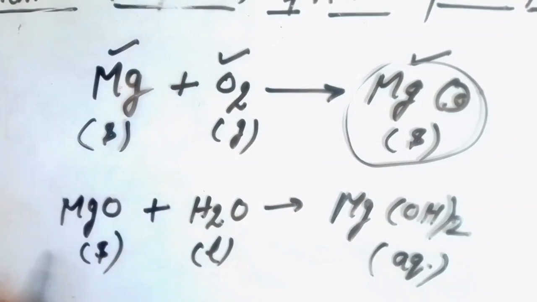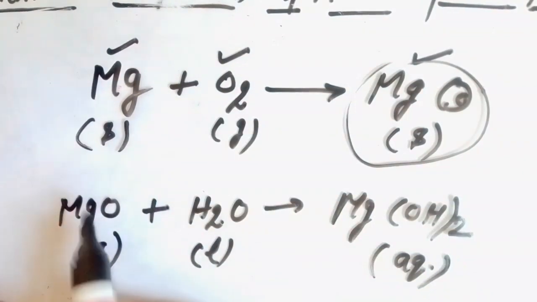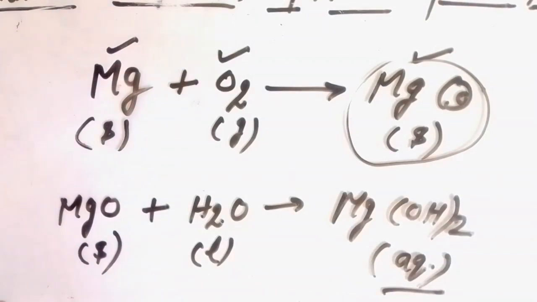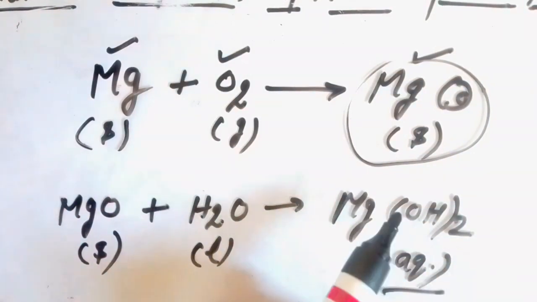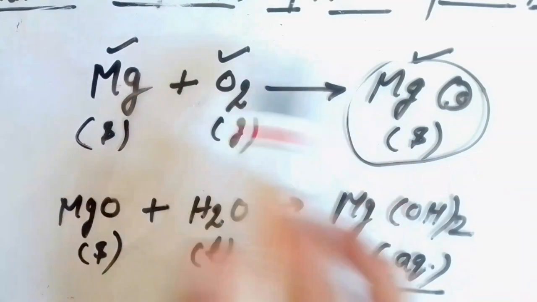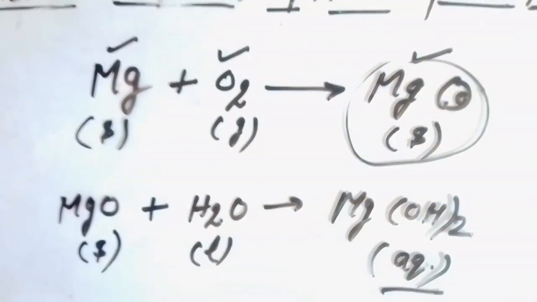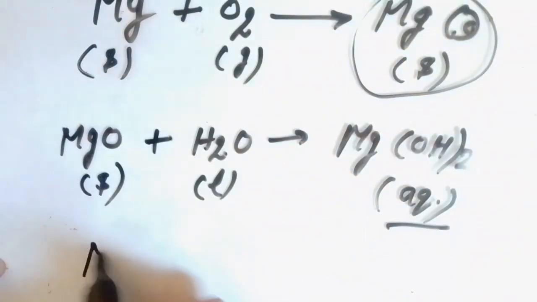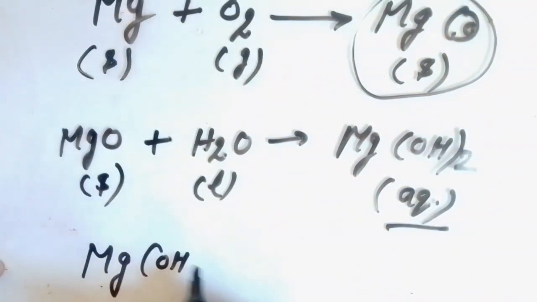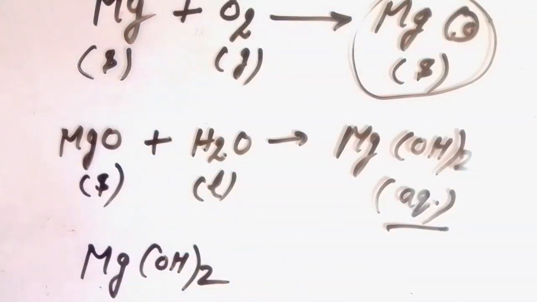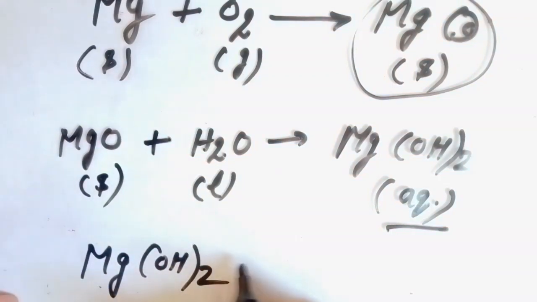This is aqueous form, right? Solute is in solvent here, so it is aqueous form. So all the activity I have written here in chemical equation form. We test this magnesium hydroxide for its acidic or basic nature with the help of what?